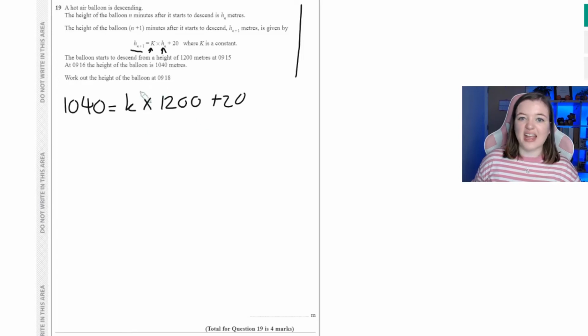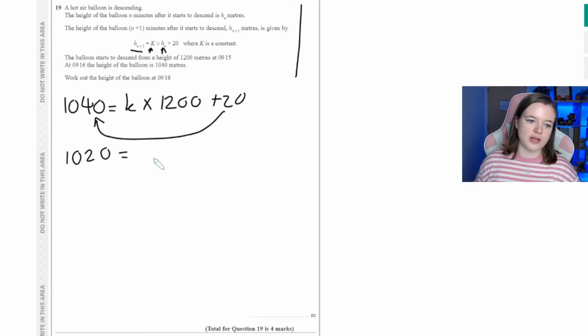We're trying to find k here so we can apply it later on and figure out how much it's descending by, what percentage it is of the total, what fraction it is of what it was before, right? So then what we're going to do is just deal with this. So 1040, I'm going to subtract 20, just get rid of that, move it over there. Get 1020 equals 1200 multiplied by k.